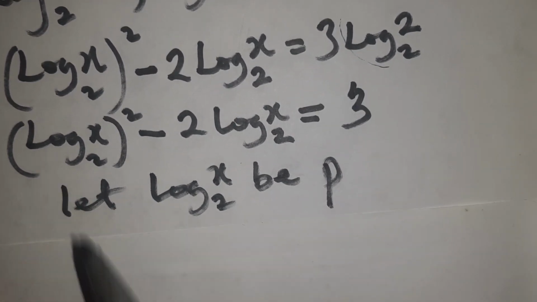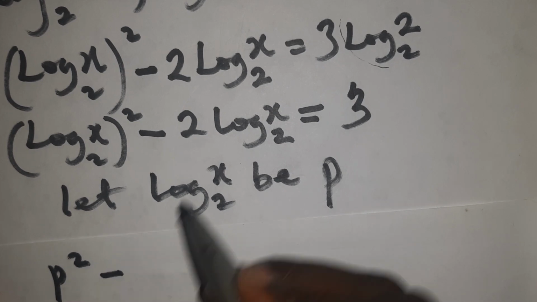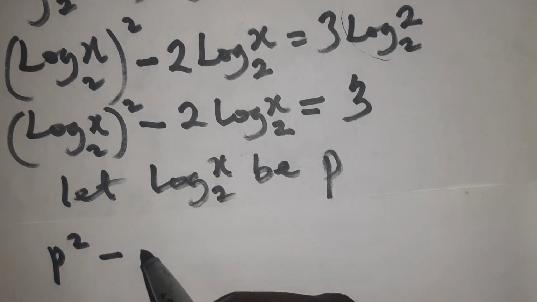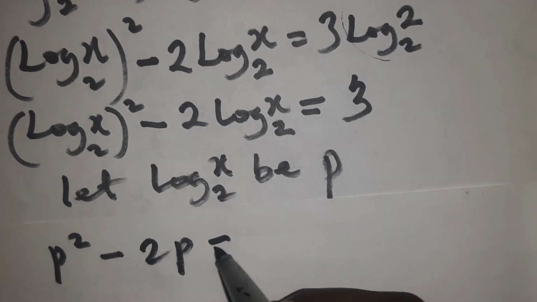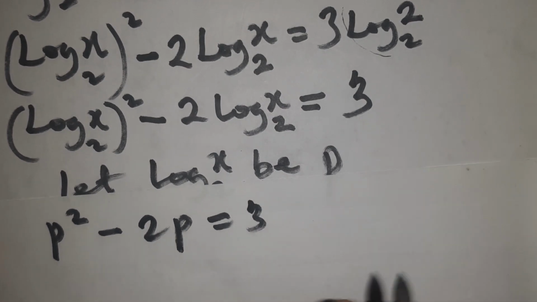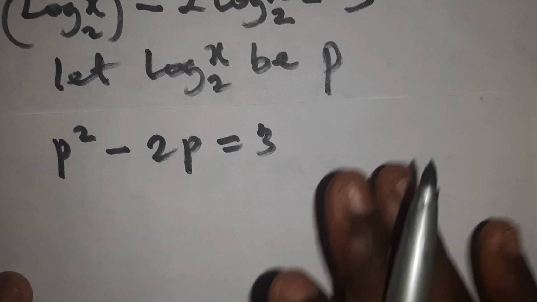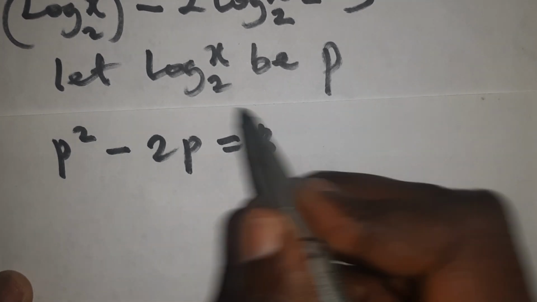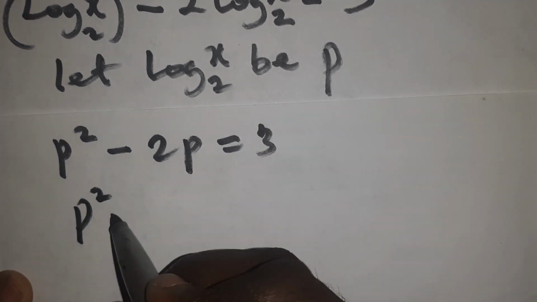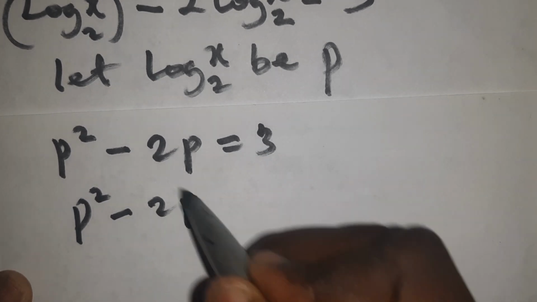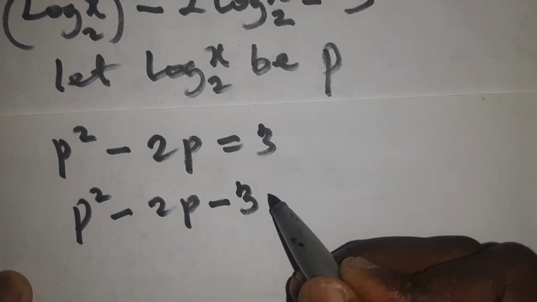Rewriting this one, I have p squared minus 2p equals 3. I could move the 3 to the left hand side, and I have p squared minus 2p minus 3 equals 0.